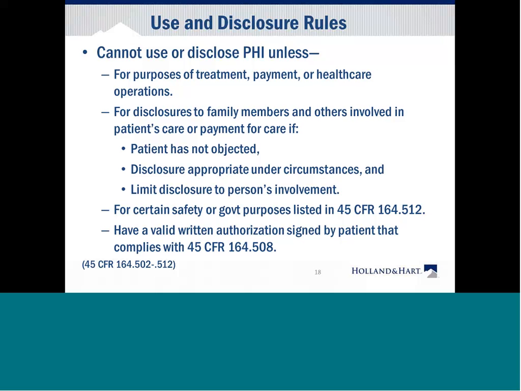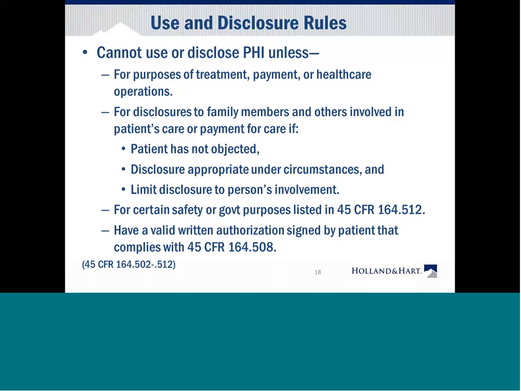So you can't use or disclose protected health information unless it's for purposes of treatment, payment, or healthcare operations, or it's for disclosures to family members or others who are involved in the patient's care or payment for their care, so long as the patient has not objected, the disclosure is appropriate under the circumstances, and you limit the disclosure to the scope of the person's involvement in the patient's health care or payment for their care.